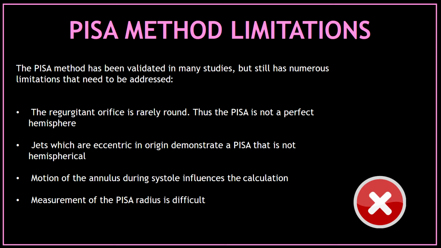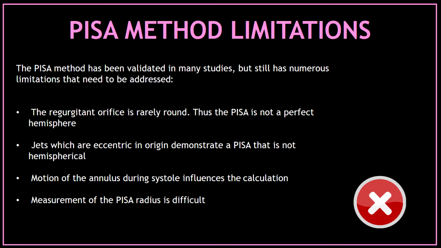The PISA method, like any method, has limitations. This method has been validated in many studies, but still has numerous limitations that need to be addressed. The regurgitant orifice is rarely round. Thus, the PISA is not a perfect hemisphere.